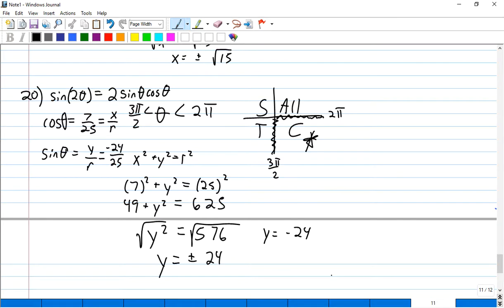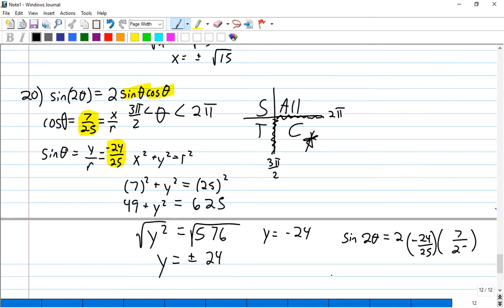Now we're going to plug in our answer for cosine and our answer for sine into our formula. So the sine of 2 theta equals 2 times, sine is negative 24 over 25, and cosine is 7 over 25.